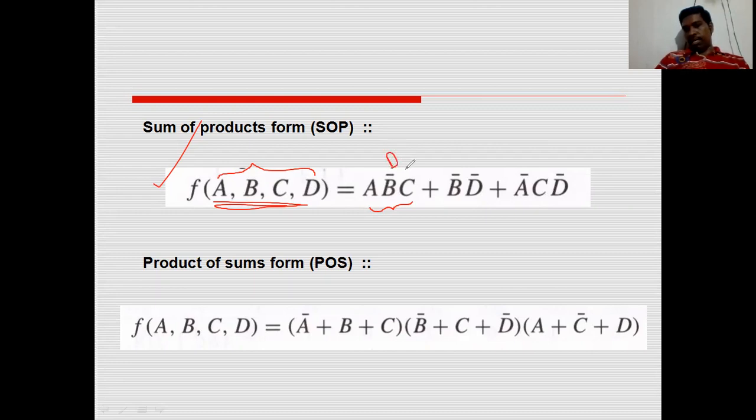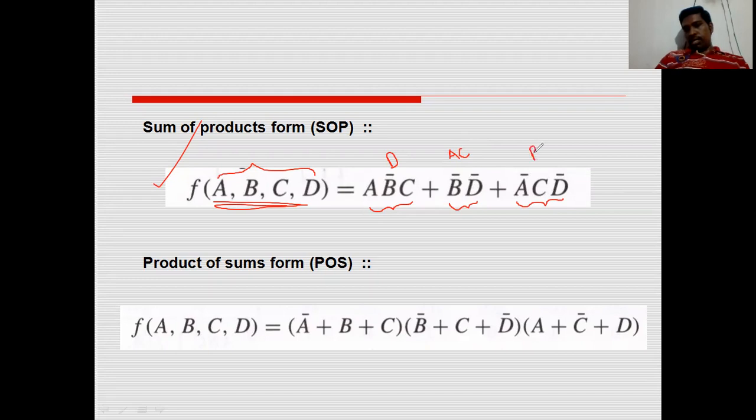Likewise, in the second term, B bar, D bar, B and D are existing, where A is missing as well as C. Two literals are missing here. In the third term, A bar, C, D bar, so A, C, D are there and B is missing.